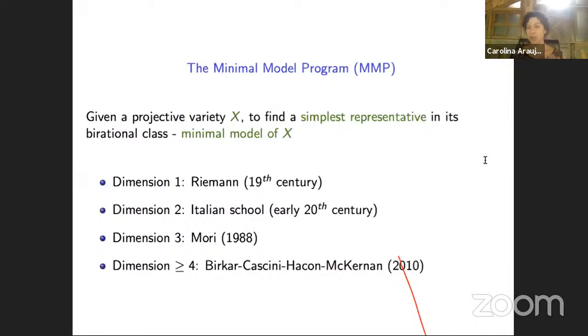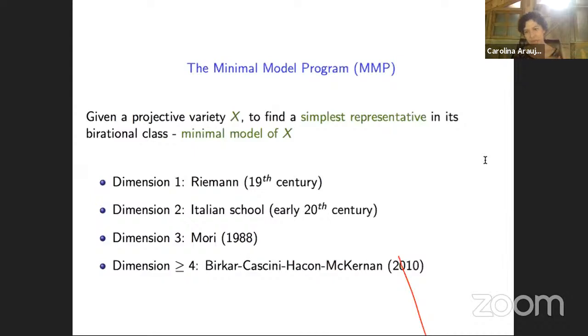And finally, with the work of many mathematicians, it was completed by Mori in 1988. So this work yielded him the Fields Medal in 1990. And then in arbitrary dimension, the full program is still not available, but we have quite a lot of advances that are enough for many purposes, due to Birkar, Cascini, Hacon, McKernan, more recently, 2010.